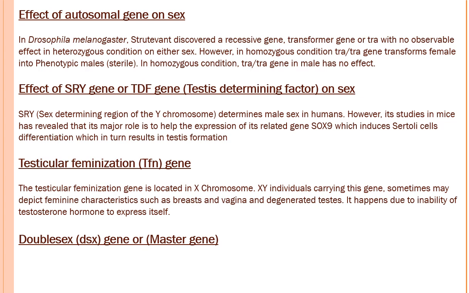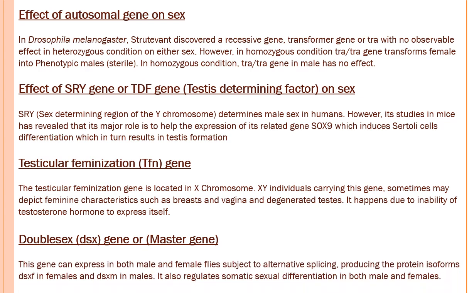Now we will come to the doublesex gene or master gene. This gene can express in both male as well as female flies, subject to alternative splicing, producing the protein isoforms DSXF in females and DSXM in males. It also regulates somatic sexual differentiation in both males and females.